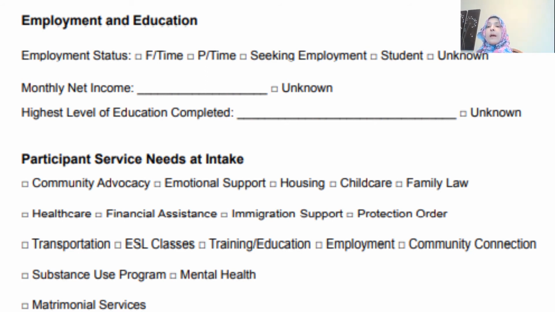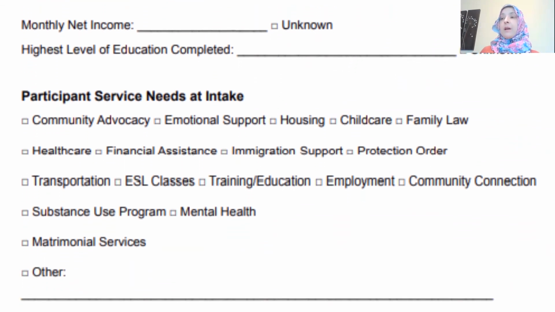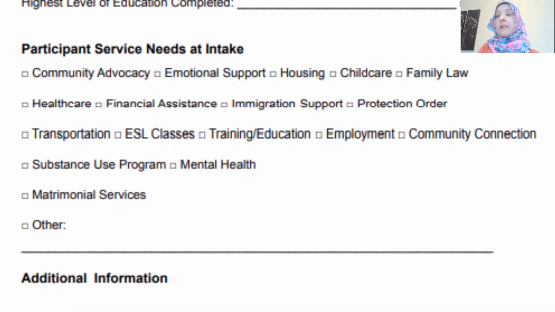And so this is where the caseworker, based on their observation and interview with the applicant, can identify the needs that they feel are something that the applicant requires.